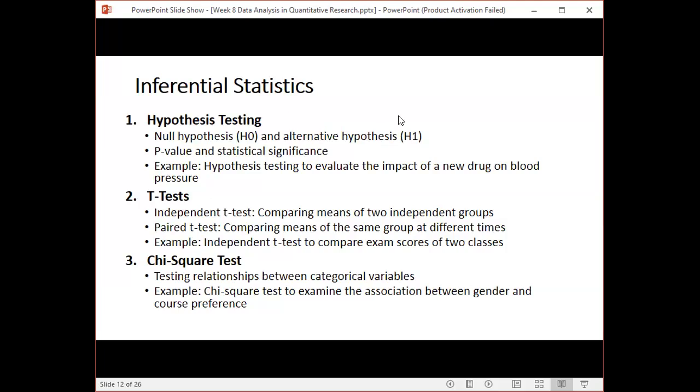Okay. Then we can do this same analysis in the form of what? Inferential statistics. Inferential statistics is where you're using a sample to generalize for the whole population. In that instance, we can do it through hypothesis testing. So I make a statement I call the null hypothesis, and the opposite is the alternative hypothesis. So if I make the statement that the average income in this class is 1,000 cedis, right?